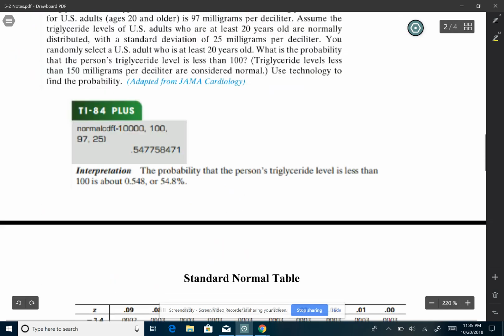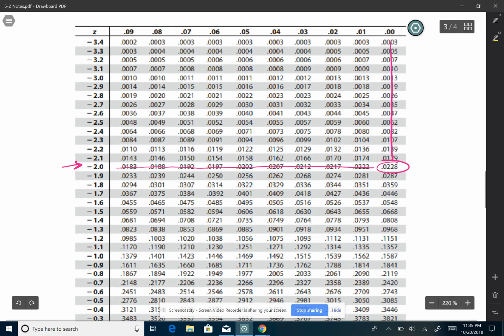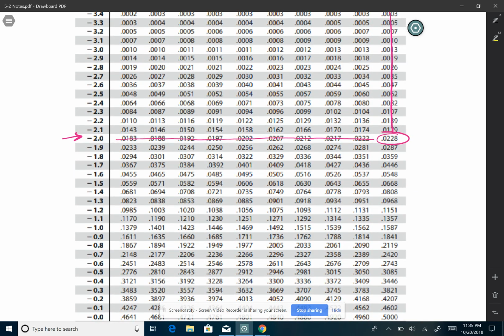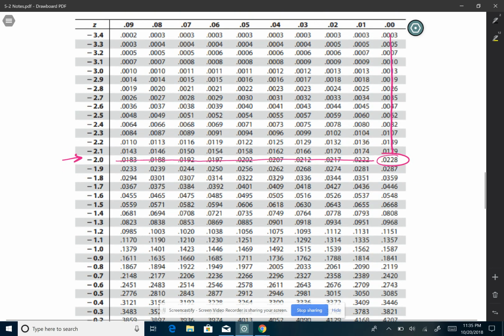So I'm going to scroll down here to my table again, and I'm looking for negative 1.75. I go down to negative 1.7 and then across to 5, and that's 0.0401. So we'll have that number.